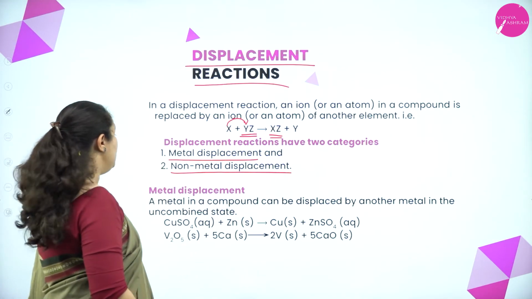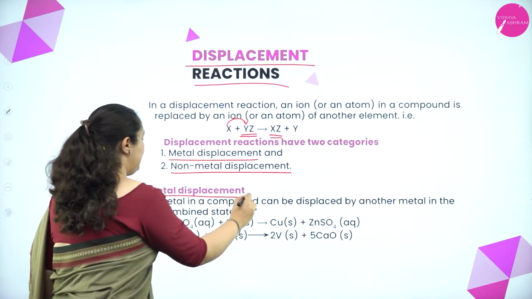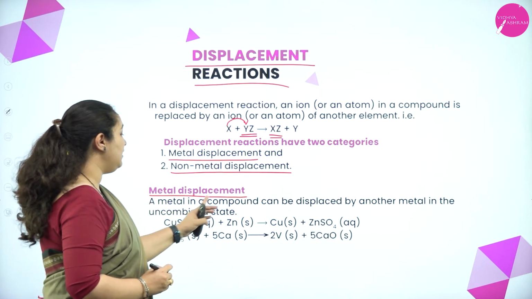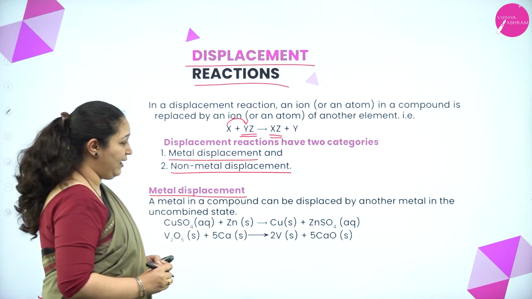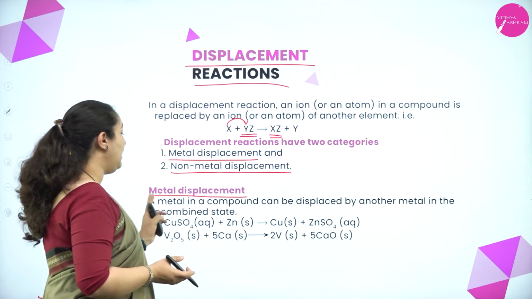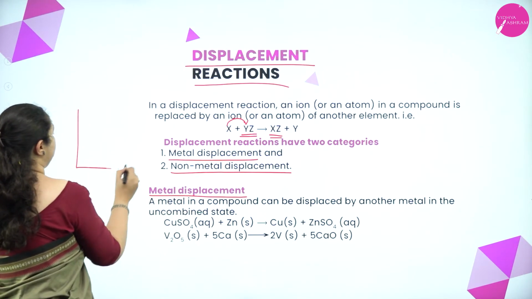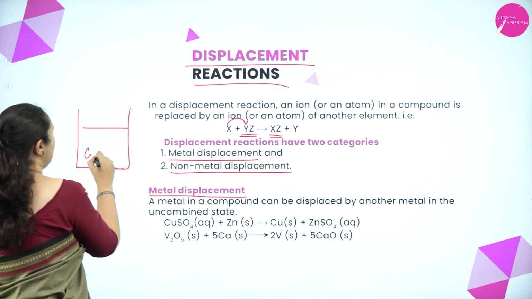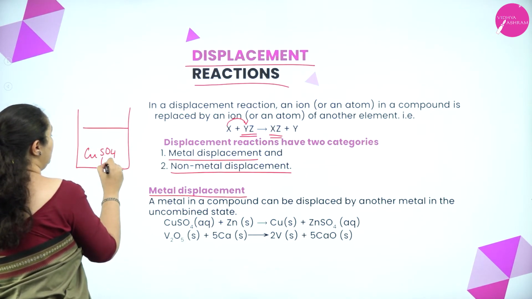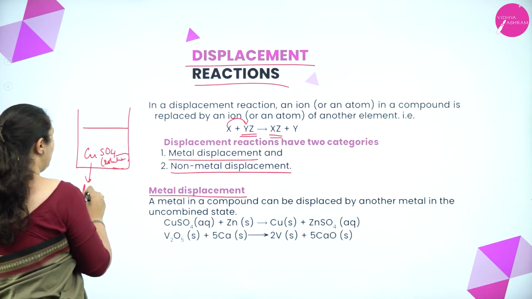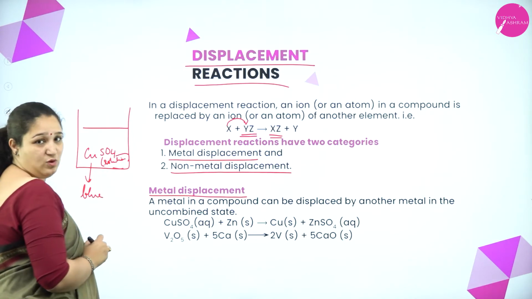Okay. So under metal displacement, what is happening? You can see the metal in a compound can be displaced by another metal in the uncombined state. So here if you take copper sulfate solution, okay, solution means it is mixed in water. This is blue color solution, okay.